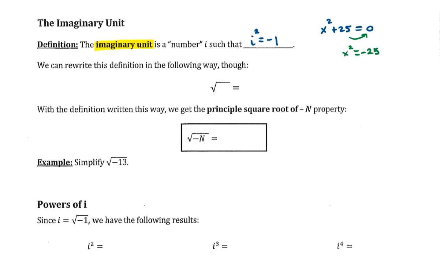Now, before the invention of the imaginary unit, this was unsolvable in the sense that there's no real number that's going to be squared and give us a negative number. So in other words, they were denied. Think about it. If you take a positive number and square it, you get a positive number.